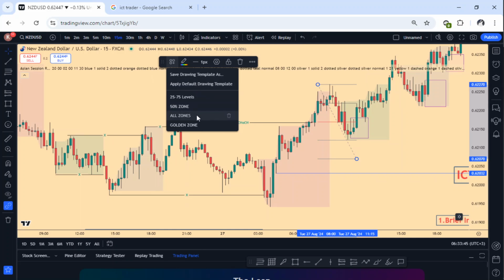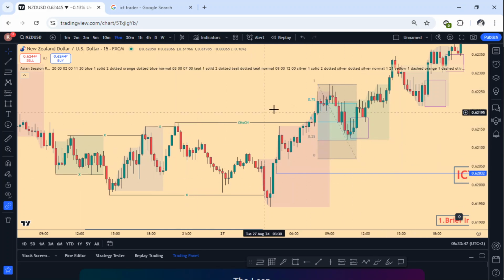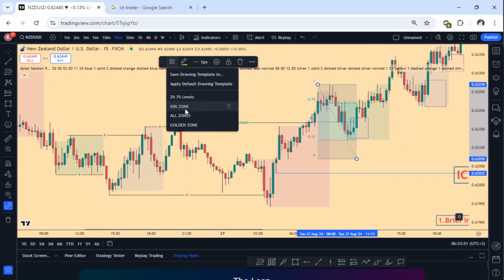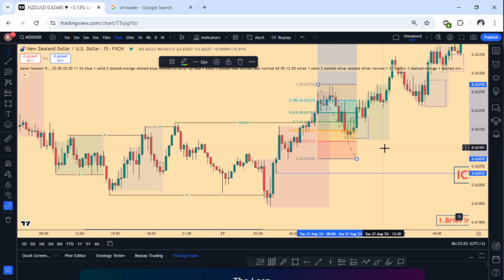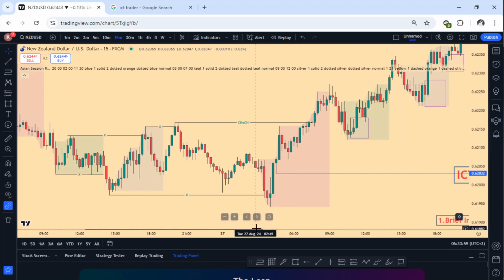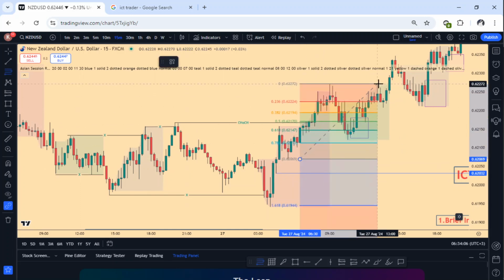Let me use the default setting. So an ICT trader will look for trades in fib levels from this point to this point.